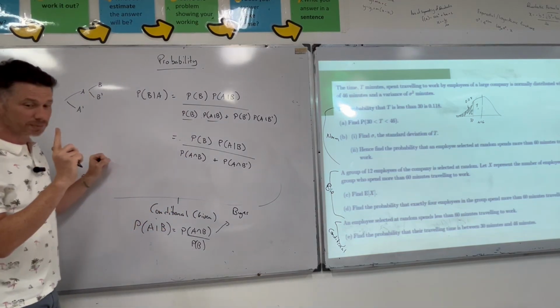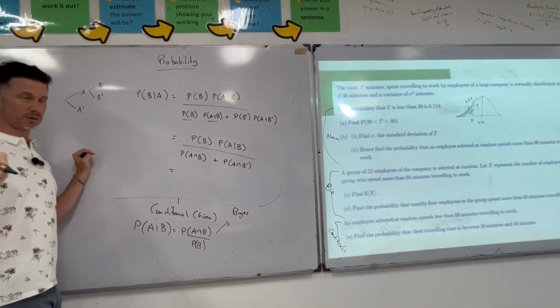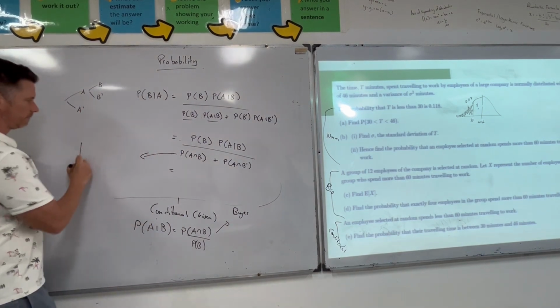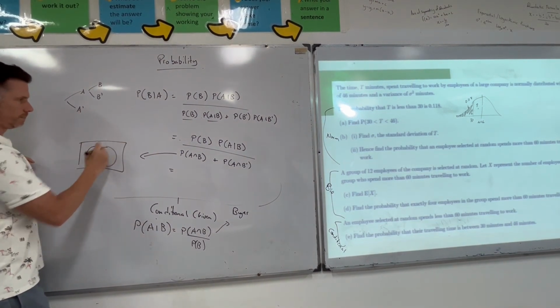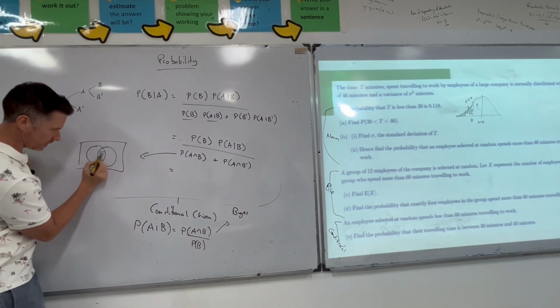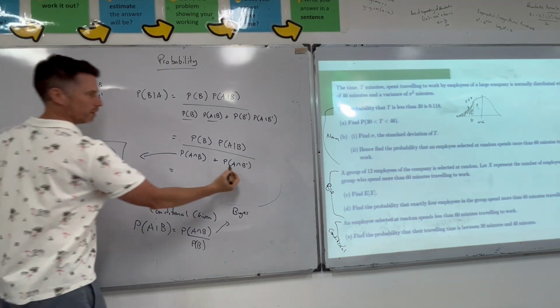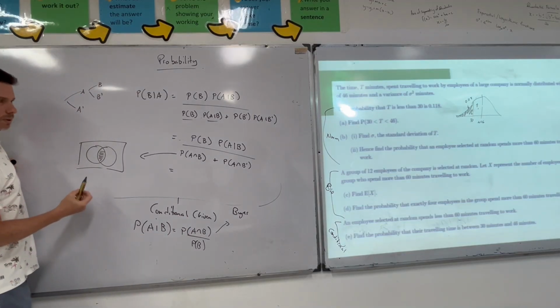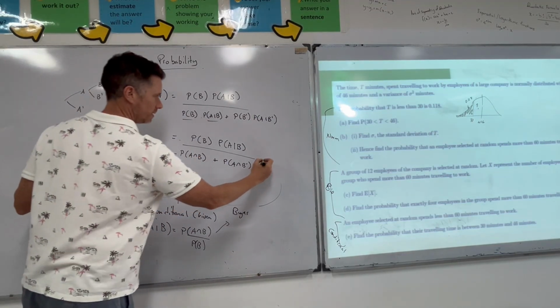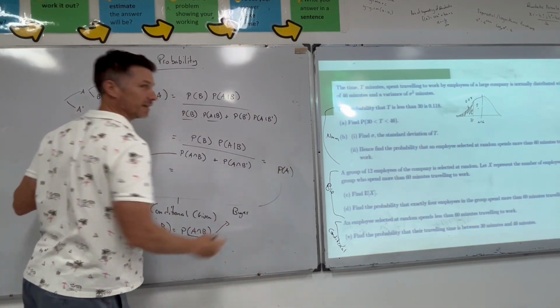What that also could come down to, and that's exactly what the question alludes to, is what would this look like in a Venn diagram? The probability of A happening and B is this bit. And what's the probability of this? That's just A. So what does this probability be? All ways that A can happen.